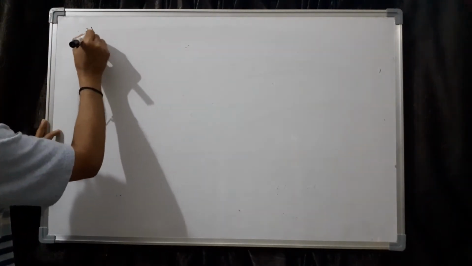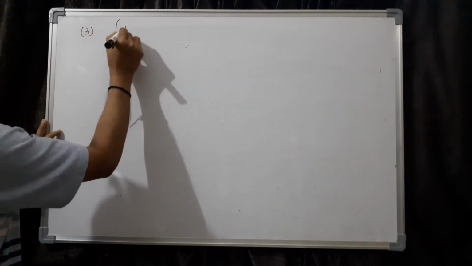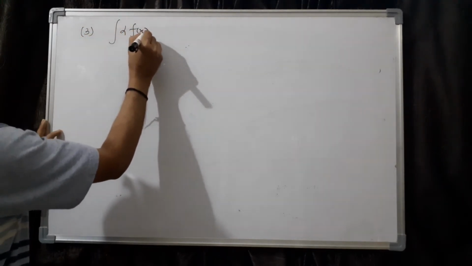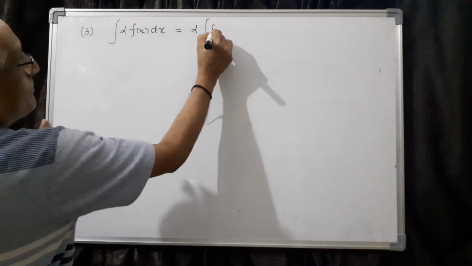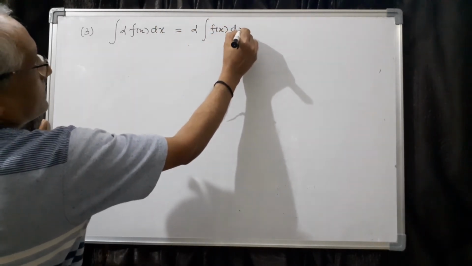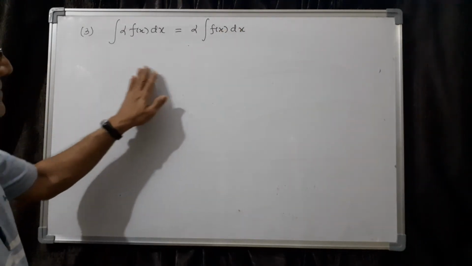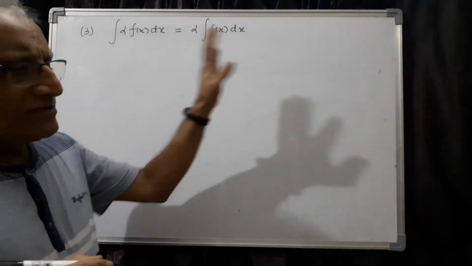So there is the third one: integration of alpha f of x dx equals alpha times integration of f of x dx. This we have to prove, similar to differentiation.